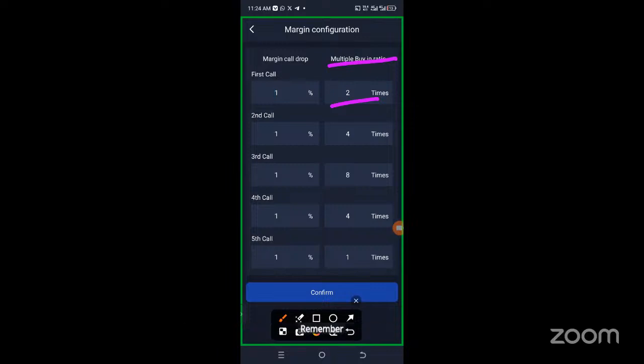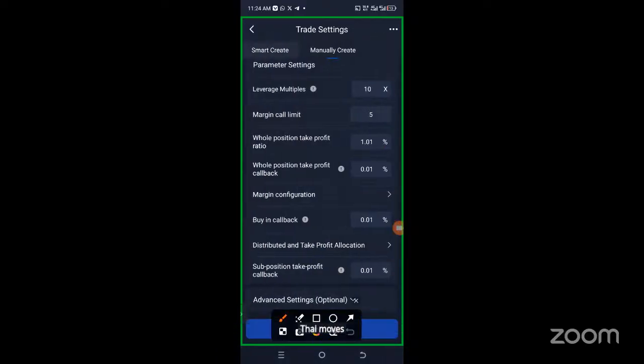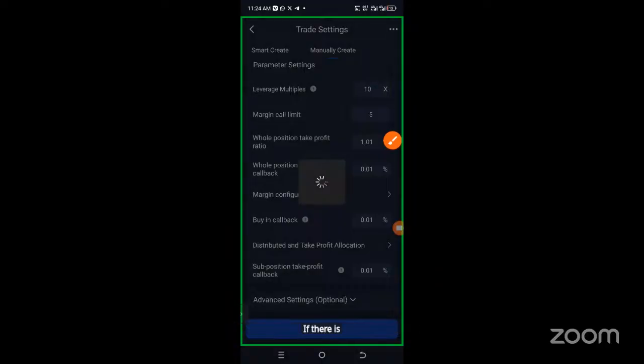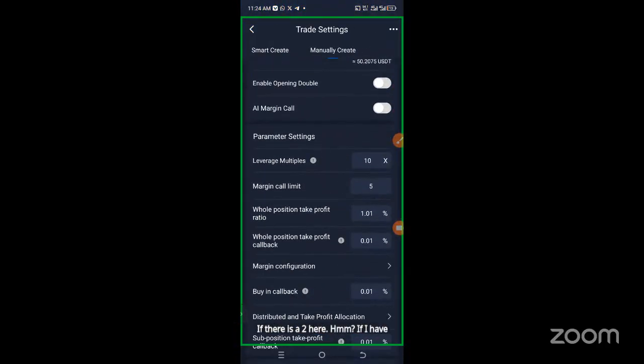Remember, I told you the robot multiplies the number you have put here times your first buying amount of $5.